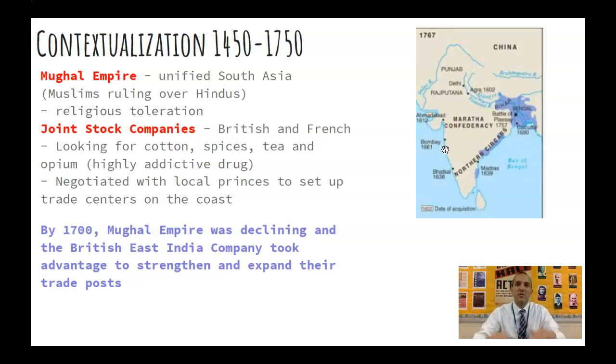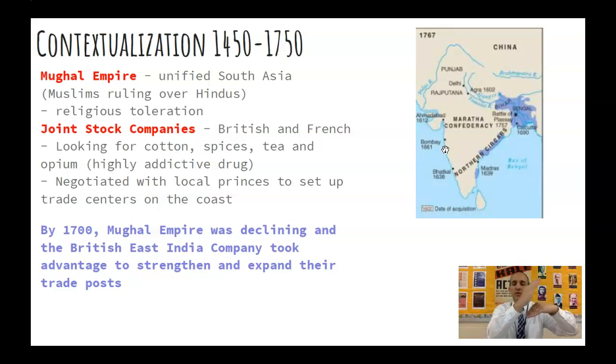By 1700, and we didn't really mention this in Unit 3, the Mughal Empire is declining. They really hit their peak in the early 1600s, and as they're declining, the British East India Company has really started revving up their ability and intensity of conquering and negotiating with areas. So we see the East India Company going this way and the Mughal going this way.